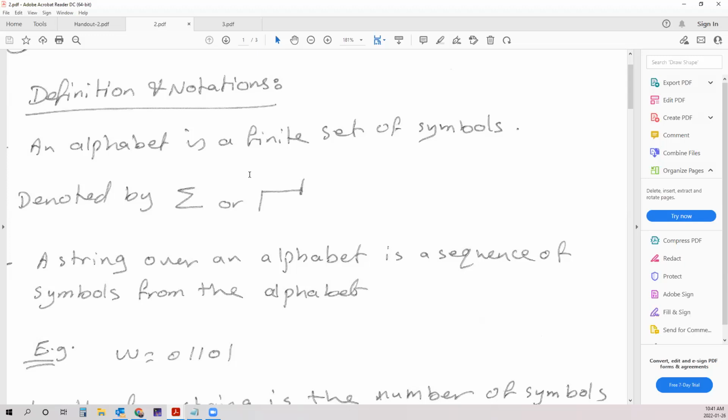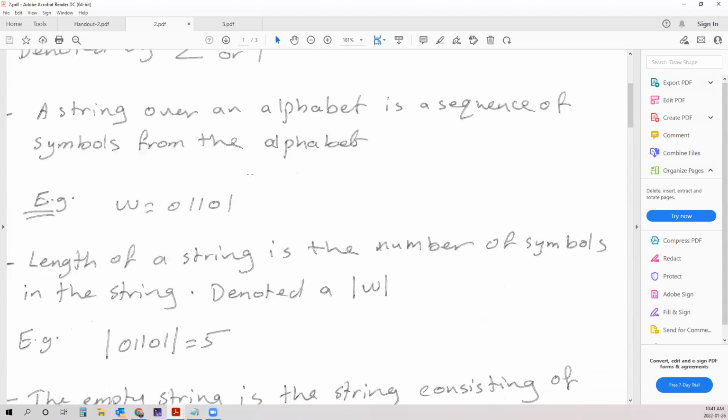A string over an alphabet is a sequence of symbols from that alphabet. For example, if our sigma is 0 and 1, then W is a string that consists of 0, 1, 1, 0, 1. The length of a string is the number of symbols in the string, denoted by the cardinality of W, which is 5.